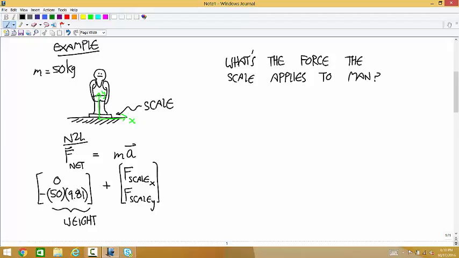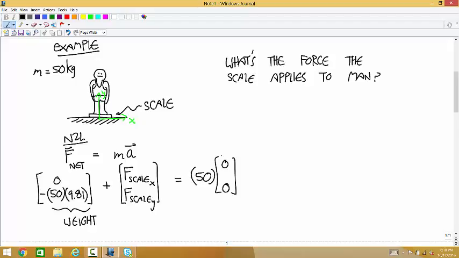And now that we've added up all the forces on the man, that has to be equal to the mass of the man times the acceleration. This guy's just standing here. What's his acceleration? 0. There's no velocity, so the velocity isn't changing, so acceleration is 0.